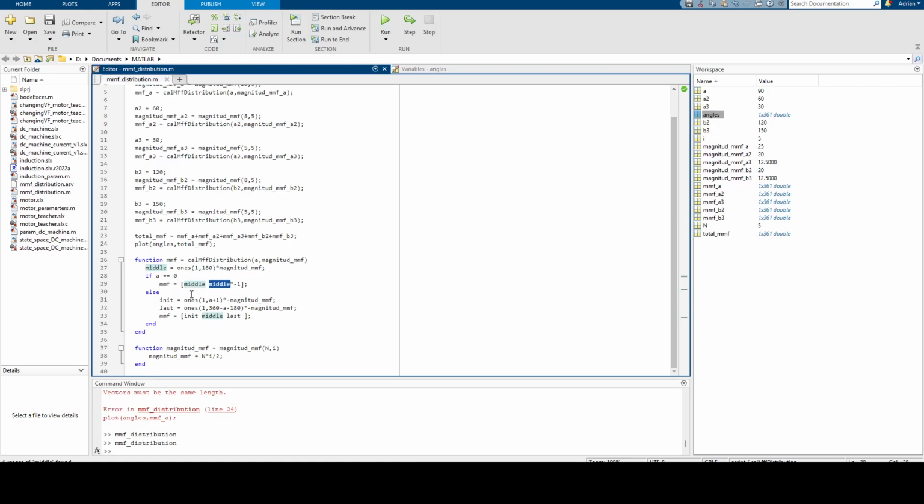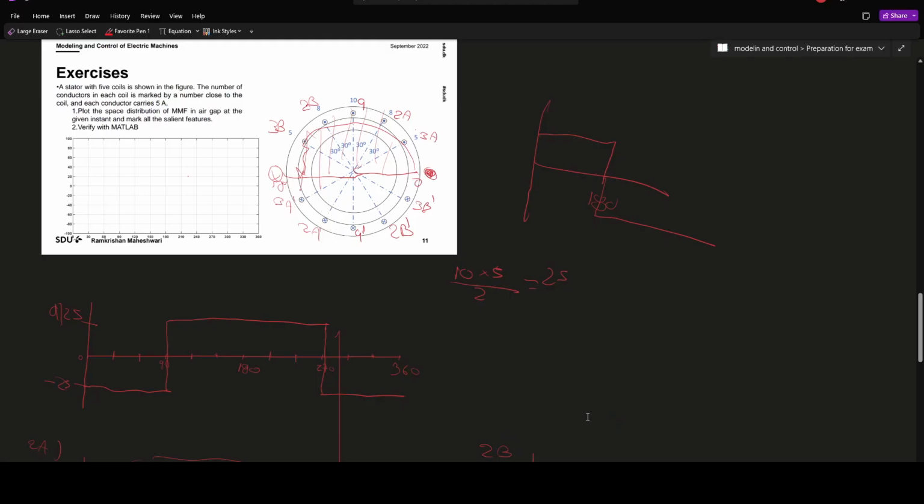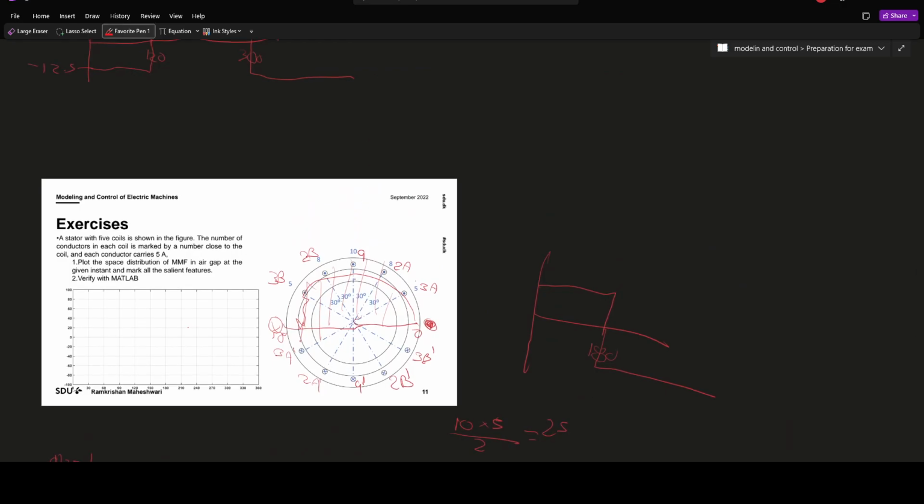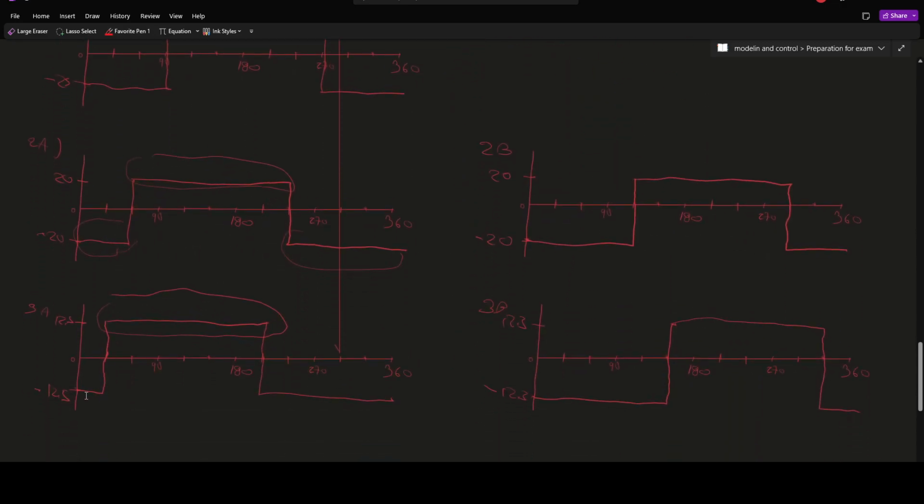Okay, now if it is greater than 0, then I have an initial part that is just gonna be a vector of ones, plus 1 because this one is not counting from 0, and I multiply it by minus the magnitude, because as we can see in every example, the MMF from 0 to the angle at which the coil is in is always negative.